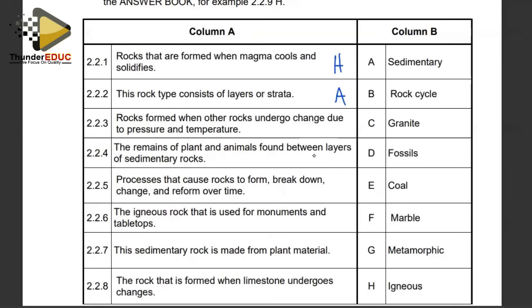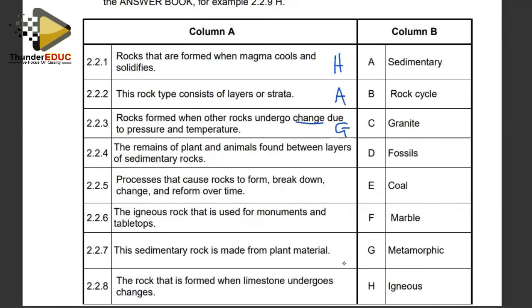Rocks formed when other rocks undergo change due to pressure and temperature. Whenever you hear the word change, think of the biological process of metamorphosis. So, rocks which change are metamorphic. It means those rocks were originally either igneous or sedimentary, but they were exposed to extreme temperatures and pressure. Because of those two aspects, the rocks are forced to undergo a process of change, and they completely change their form to become a completely different rock.